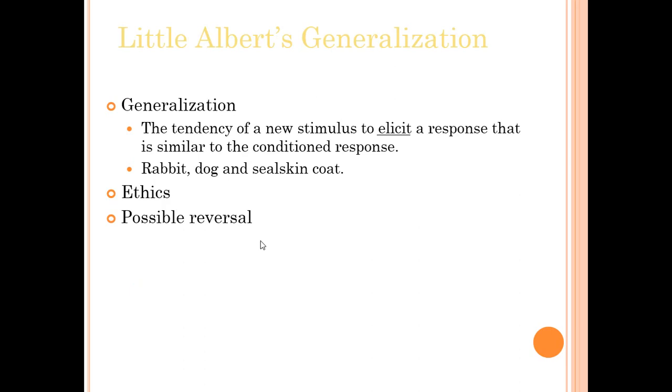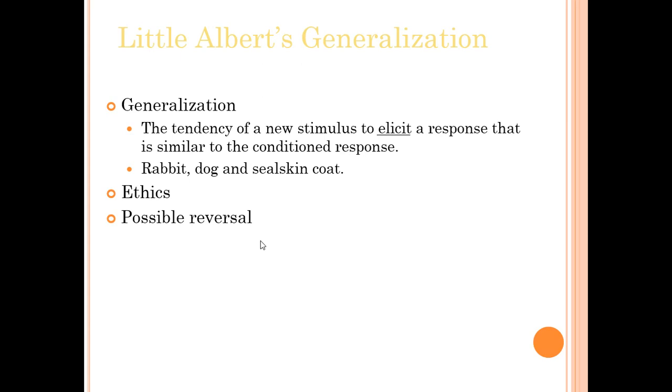I think I already spoke about generalization, so I want to talk very quickly here about ethics. What Watson did was incredibly unethical. If Watson tried to do this today, he would be removed from his post. There's a good chance people would boycott him.